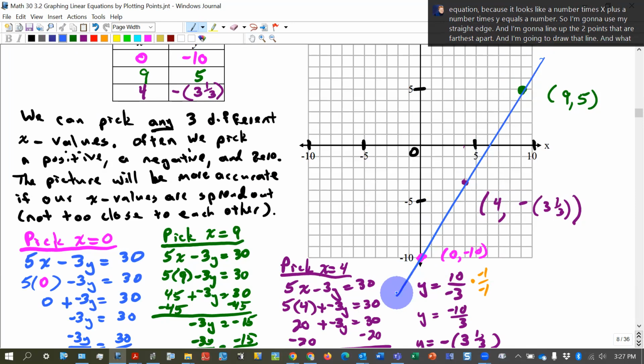And when I draw that line, it should go right through the point that's in between them. If it doesn't, I made a mistake.